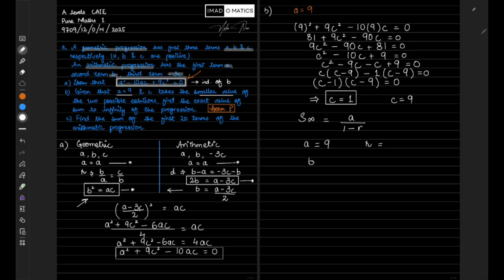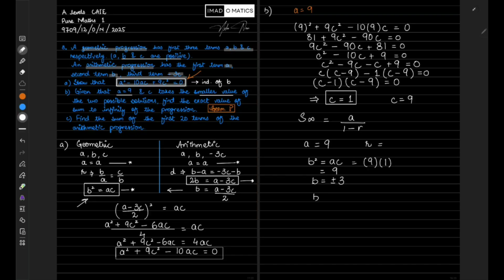Finding B using B square equals AC. That is 9 times 1. So that gives you 9. So B turns out to be plus minus 3. So which value will we take for B? As they said, A, B, C are positive.